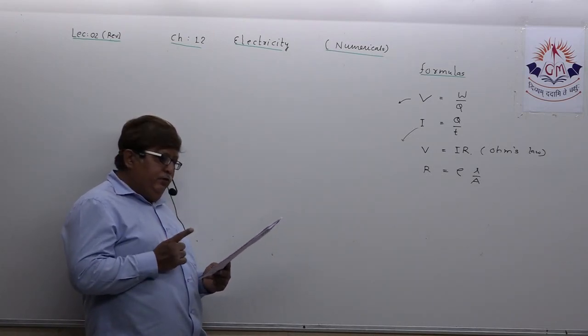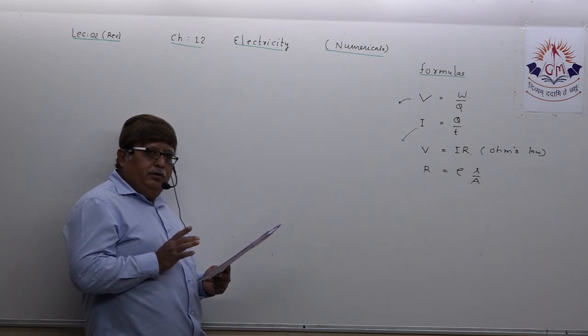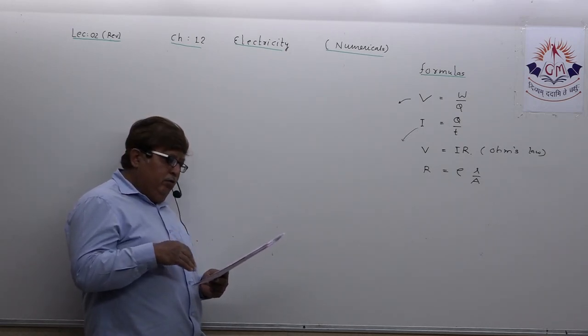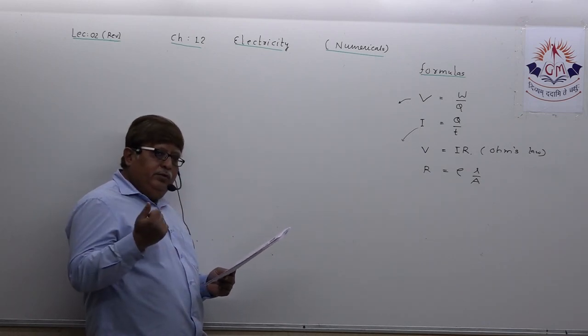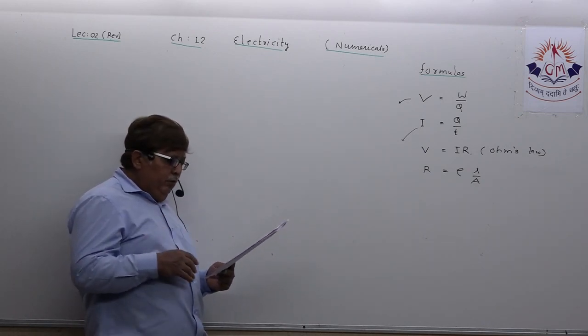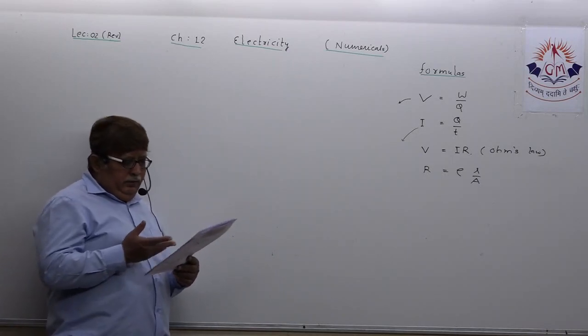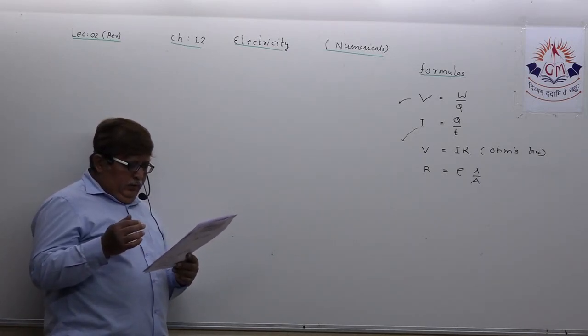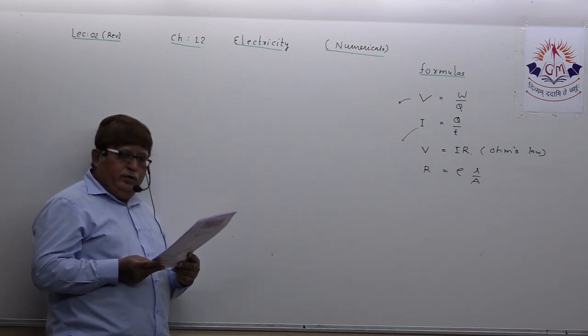Understand, in the first lecture I told you to do numericals 1 to 5 in revision. Now in this lecture the homework will be that you do all numericals from 6 onward. That's why some of the numericals we are just revising orally.